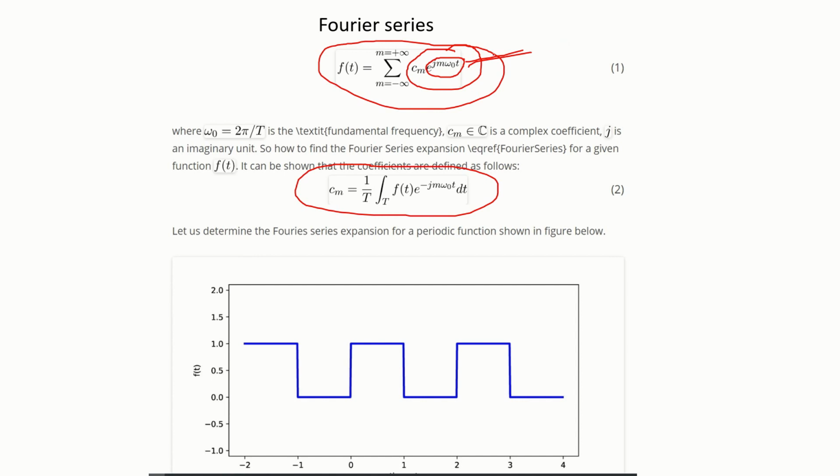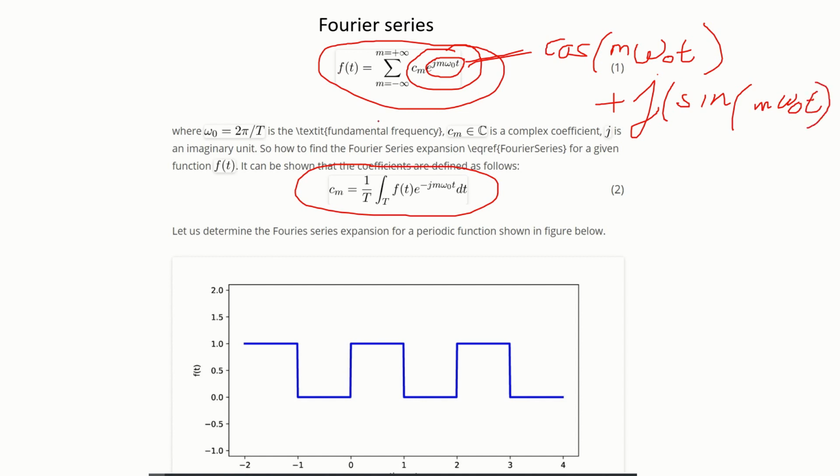More precisely, we can represent the term e^(jmω0t) as cosine of mω0t plus j, where j is the complex unit, times sine of mω0t. So, if we have an analytic form of the function f(t), we can find the coefficients c_m and we can represent such a function using the Fourier series.